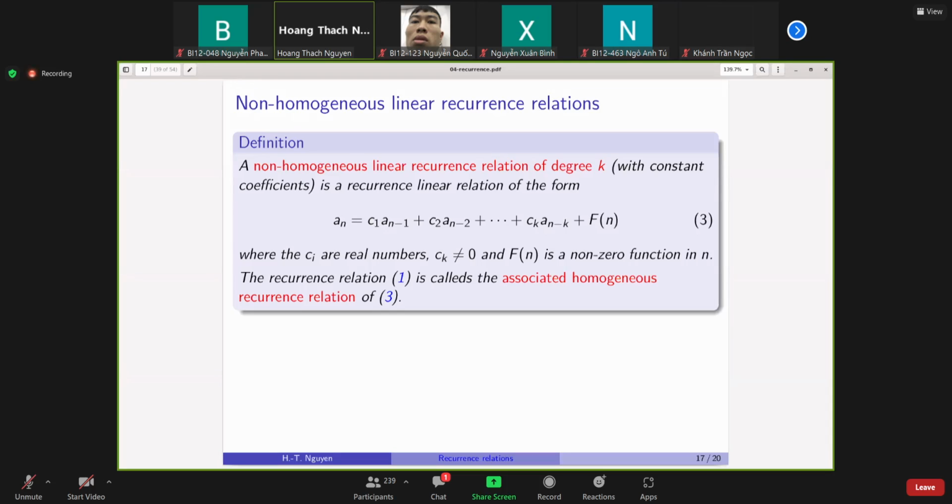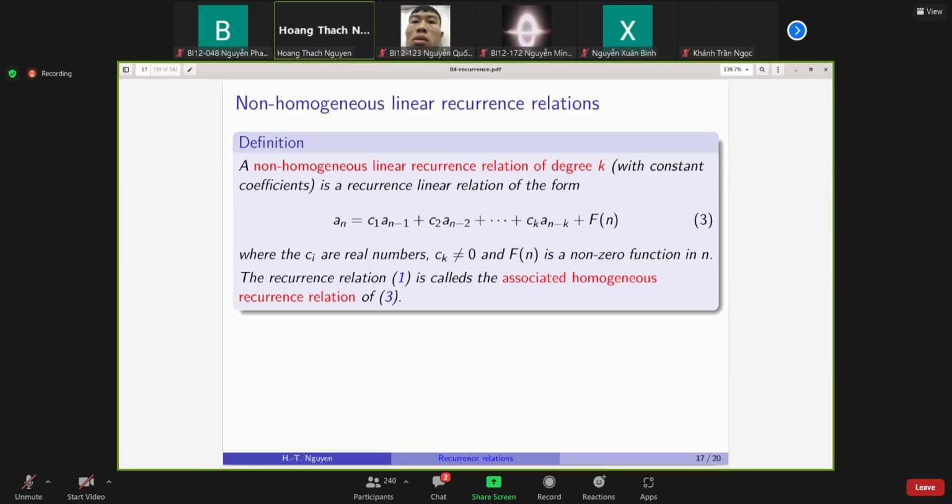Have you learned about the solution to linear systems of equations? Do you understand my question? We have. Okay, so here you can see that we have a similar idea.